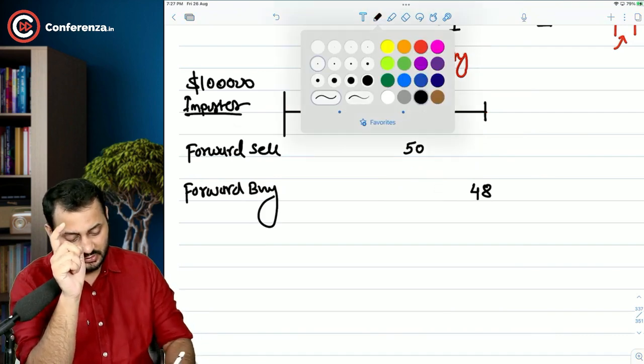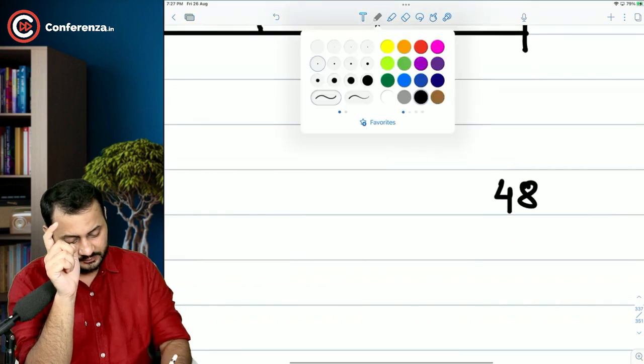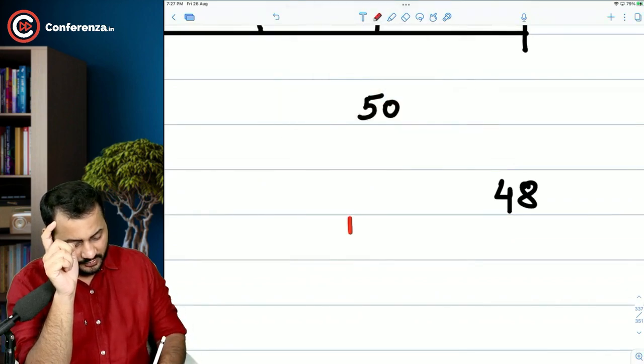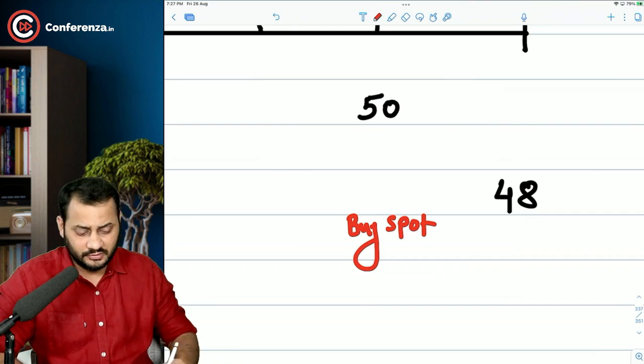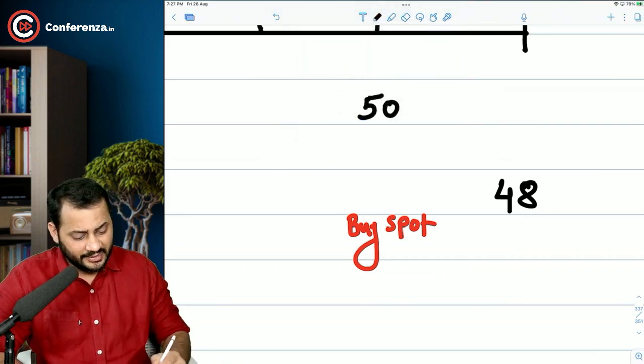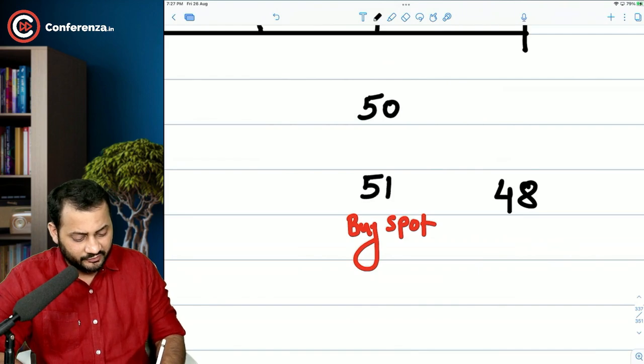So what will happen? I will just write it here. Bank will buy spot, whatever the rate is.